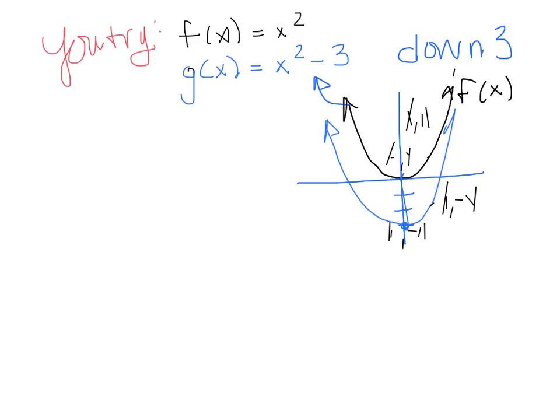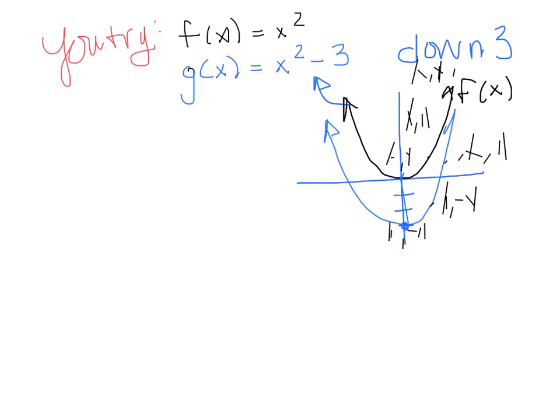What used to be 2, 4 on the parent, if you go back you can look it up and see what those values are in the parent. The value here would be subtracting 3, 2, 1 would be the new one here on the g of x. Okay? So you can label some points by just moving the graph down, label the points by subtracting 3 from the y. Alright, so that's a vertical transformation.